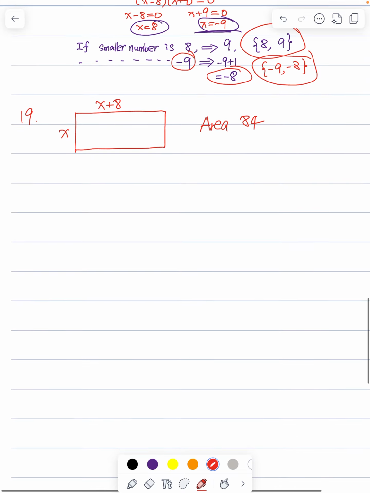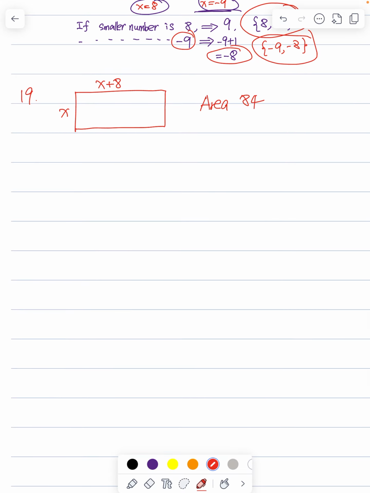Okay, we know the area of a rectangle is just the length times width, right? If we have a rectangle, one side is A, another side is B, the area equals A times B. One side times another side.